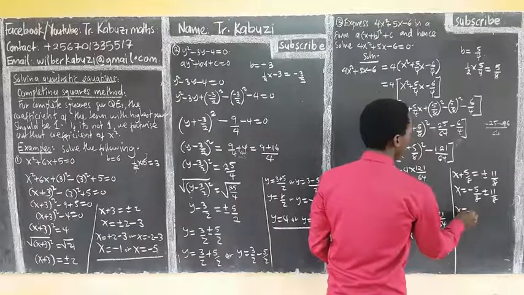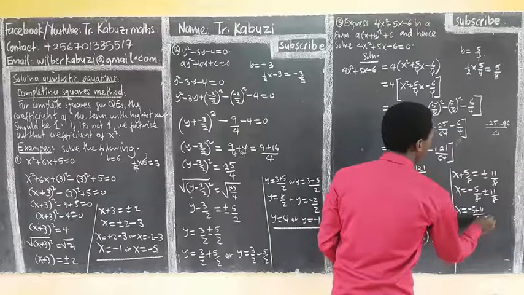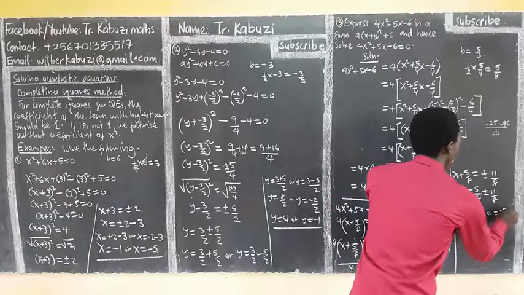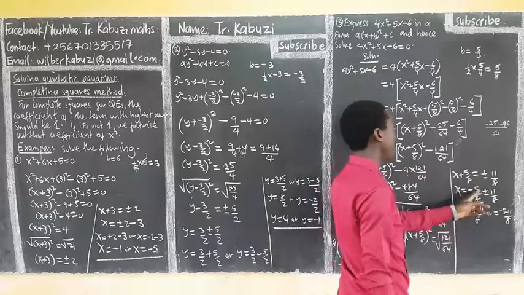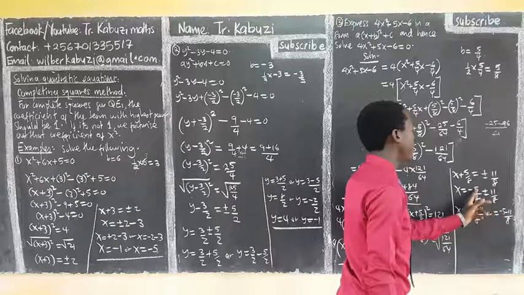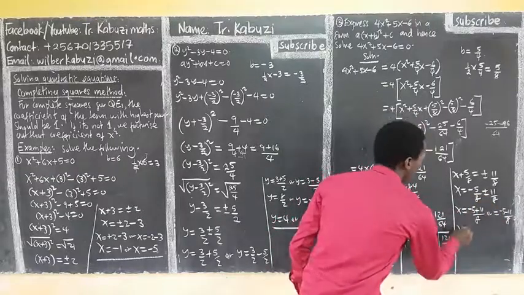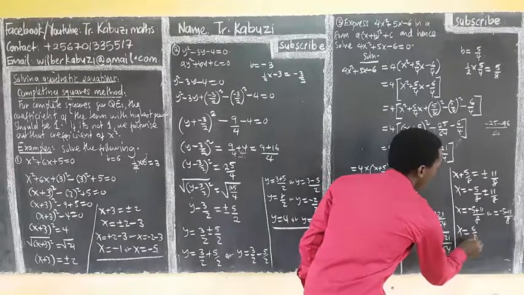So x will be negative 5 plus 11 over 8, or negative 5 minus 11 over 8. So you see that our x here will be 6 over 8.